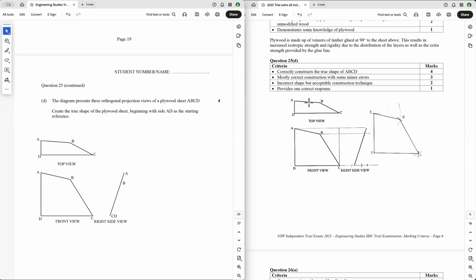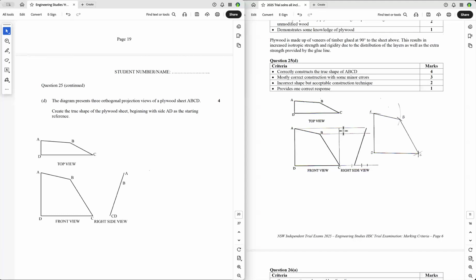So when I put my compass on AB, I'm getting the base length of the triangle. And so I can put the base length down here, and that's a true length. And so the hypotenuse will be a true length.